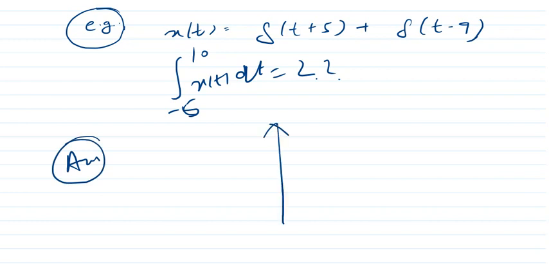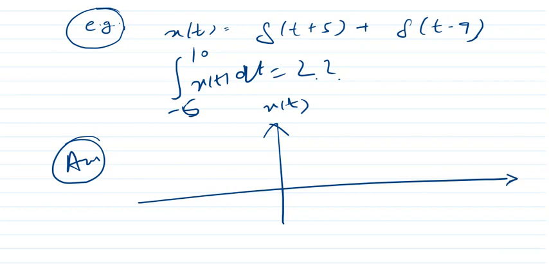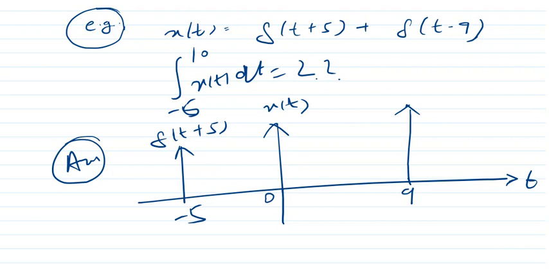First draw that x(t). We have one impulse function present at minus 5, which is delta(t plus 5), and one impulse function present at 9, which is delta(t minus 9).